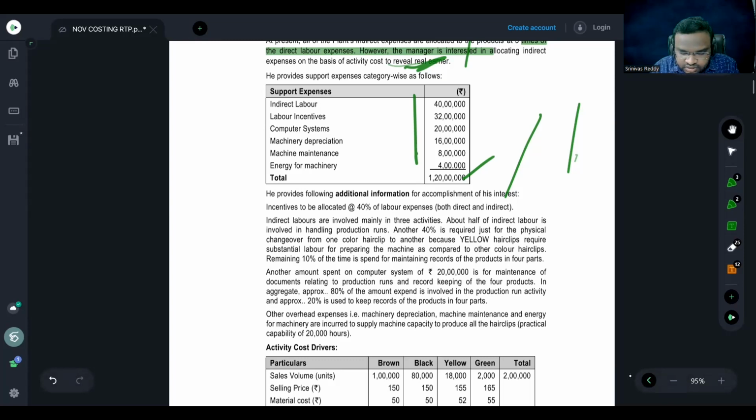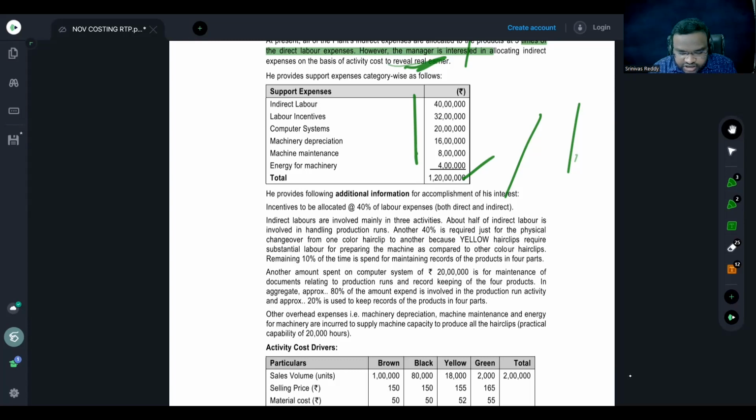Next, another amount spent on computer systems, 20 lakhs, is for maintenance of documents relating to production runs and record keeping of the four products. In aggregate, approximately 80% of the amount is involved in the production run activity, and 20% is used to keep records of the products in four parts, which is based on the number of parts.